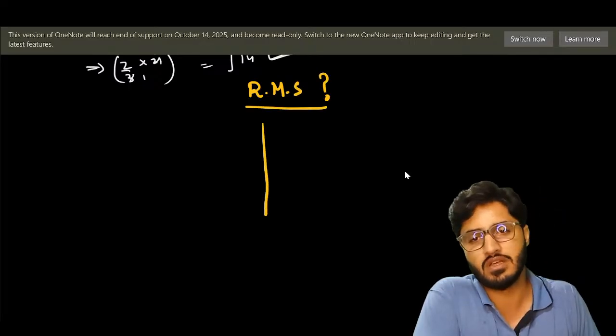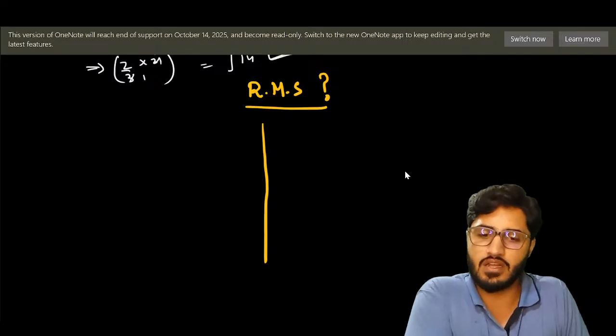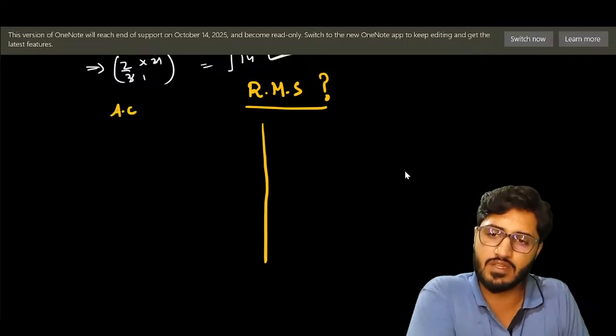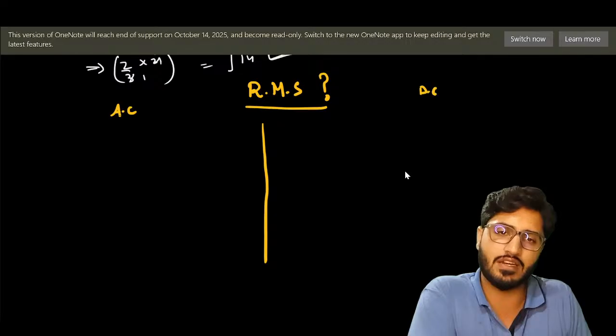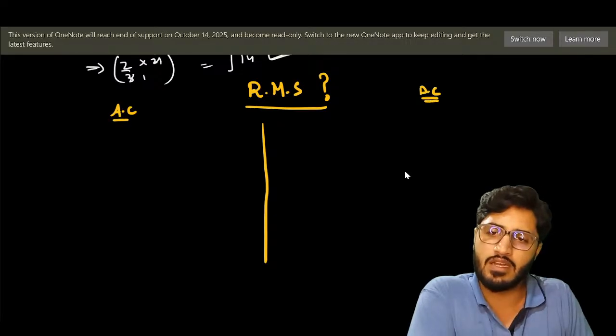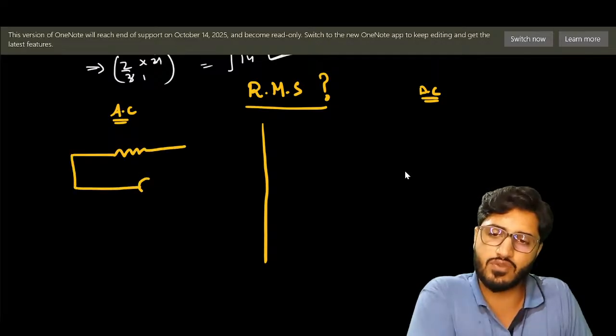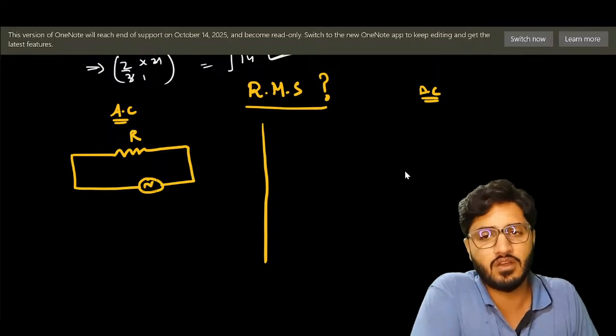Suppose I get a situation. Here we have an AC current. This side we have a DC current. In the AC circuit we have a resistor, with an AC source. The resistance is R. Now here we also have a resistor with the same resistance, then we have a battery, that is the DC source.